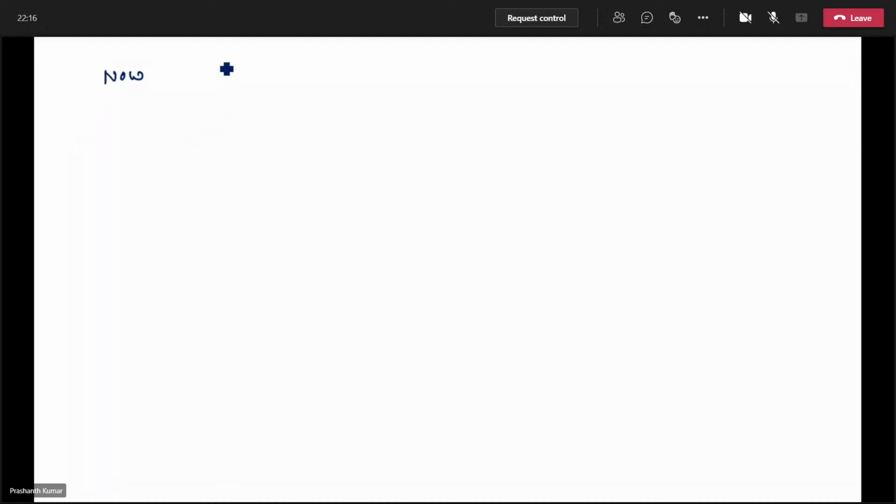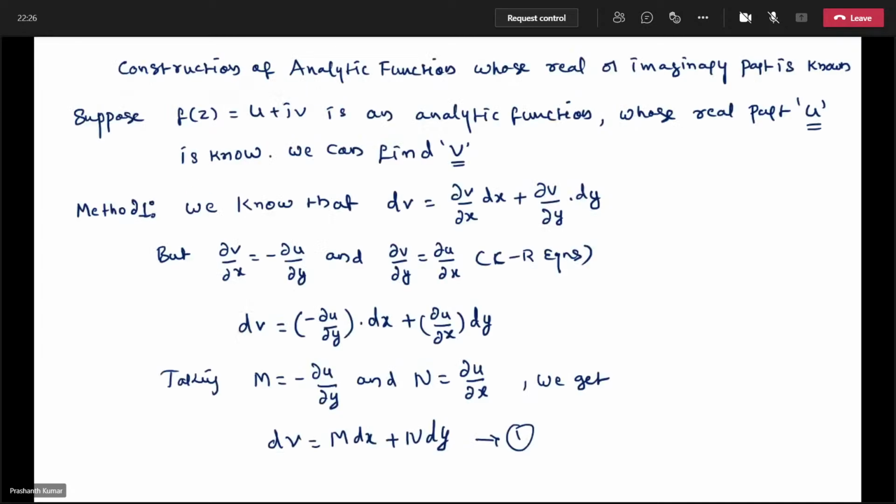Now we consider dou M by dou y minus dou N by dou x. This is our answer. So what is dou M by dou y? You see that dou M by dou y means differentiating with respect to y partially, and N is also differentiated partially.